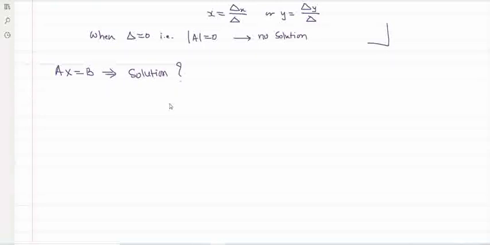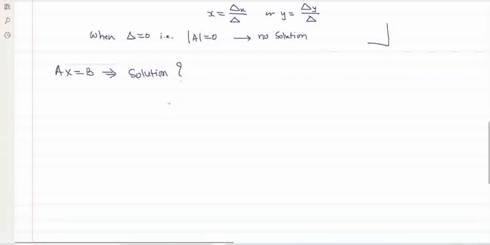Every time, whether a solution exists or not, you have to decide. So up to 12th you have studied 3 by 3 matrix or 2 by 2 matrix, and the determinant can easily be evaluated. Suppose 4 equations, 5 equations are given, then it becomes complicated to identify whether a solution exists or not.